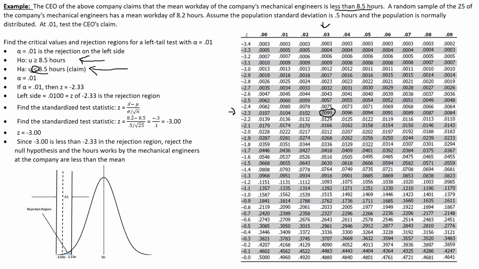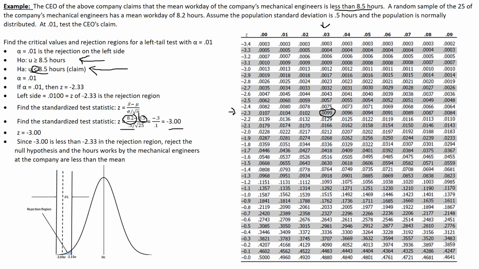The sample work hours, he did 25 employees, 8.2 minus 8.5, the population mean, is negative 0.3. The deviation is 0.5 divided by the square root of the number of samples, which is 25. The square root of 25 is 5. So it's negative 0.3 over 0.1, which is negative 3.00.